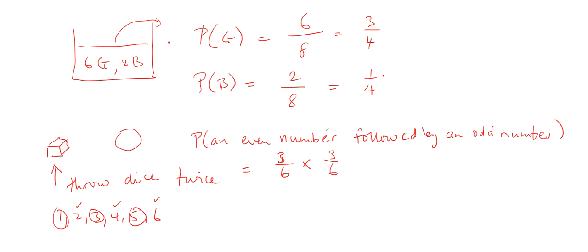So therefore the probability of getting an odd number will be 3 over 6, right? And this will give us 9 over 36, all right? So read your probability questions very carefully, right?